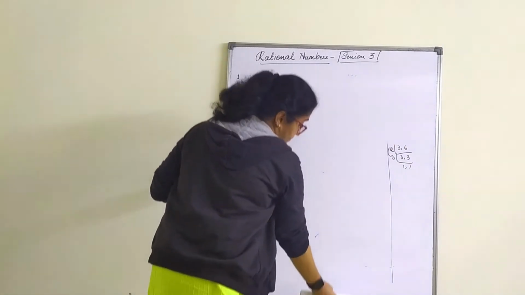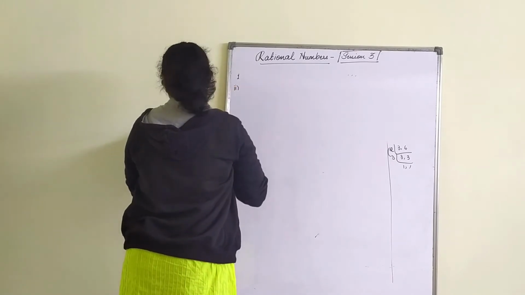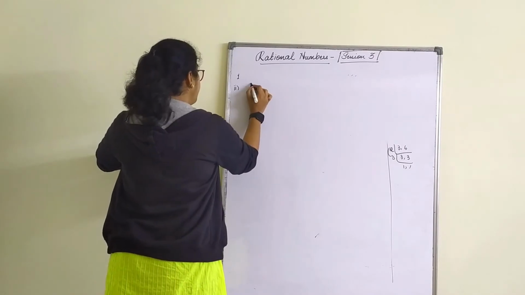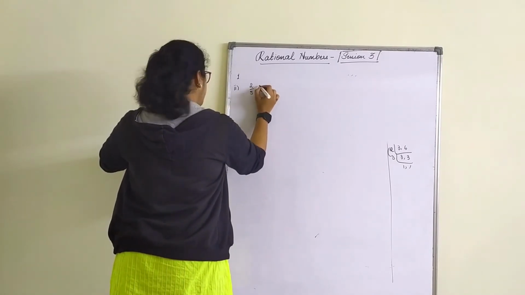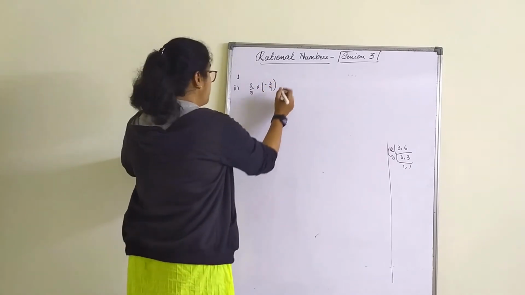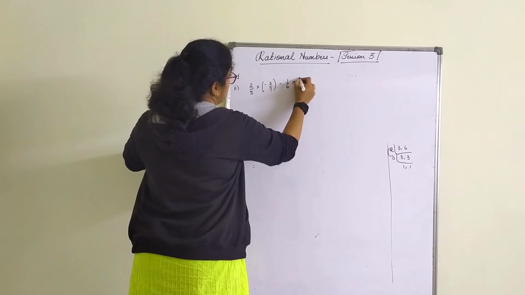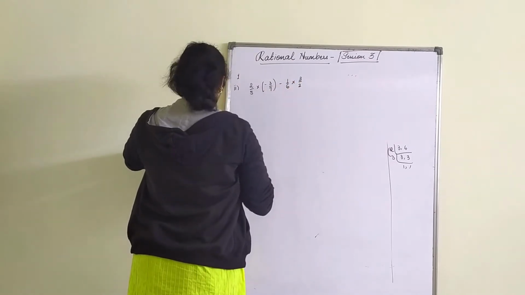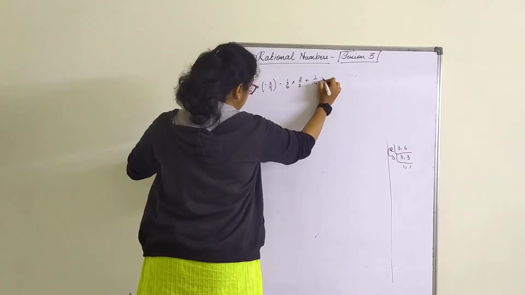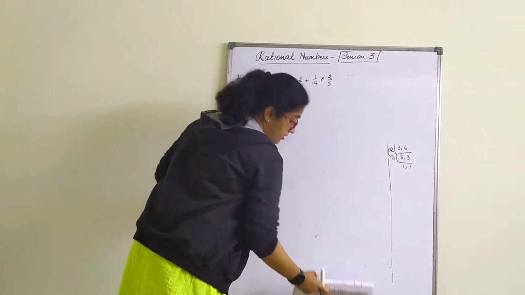So the first way, we'll start with the second part. What they have asked here is 2 by 5 into minus 3 by 7 minus 1 by 6 into 3 by 2 plus 1 by 14 into 2 by 5. Right? We'll just check.